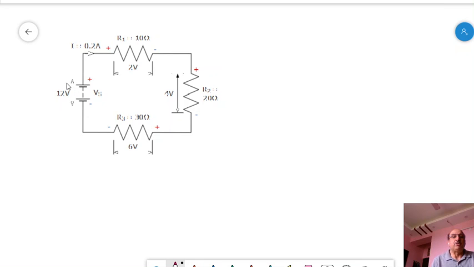The supply voltage V is 12 volts. The current is 0.2 ampere. The first resistance is 10 ohm.